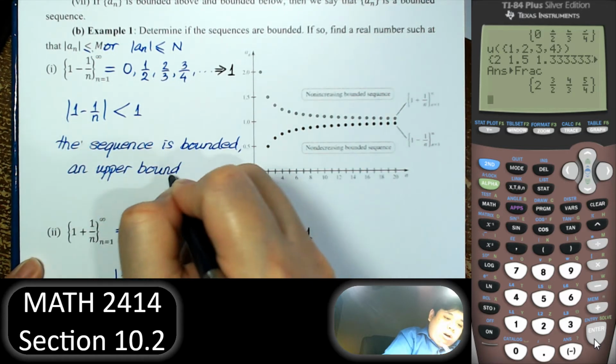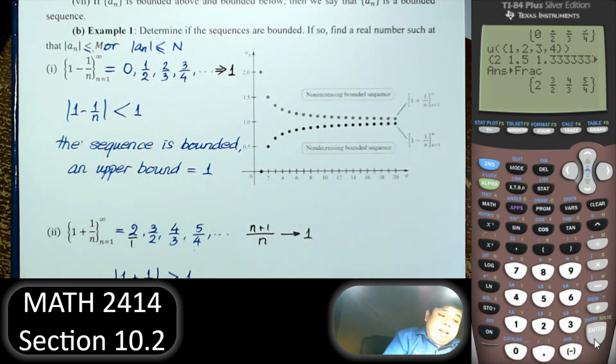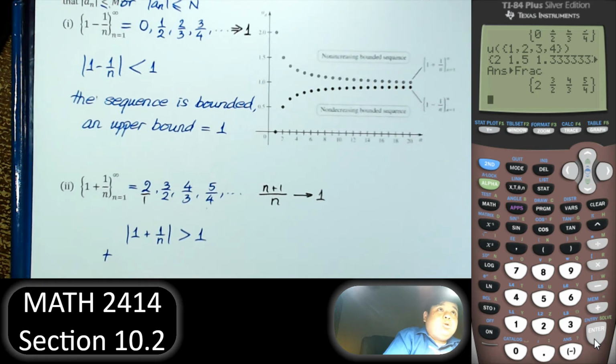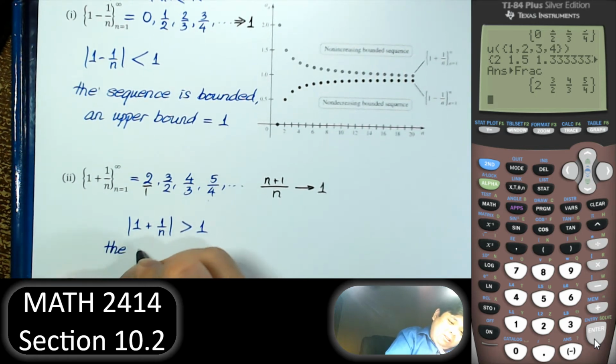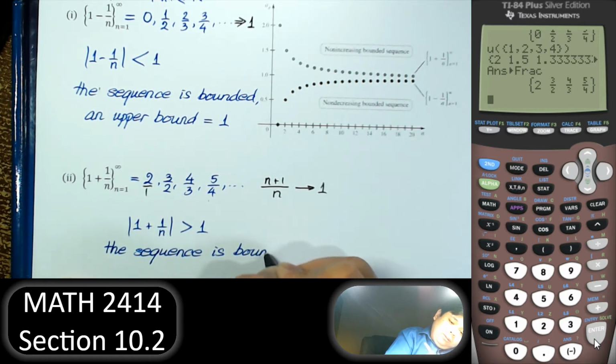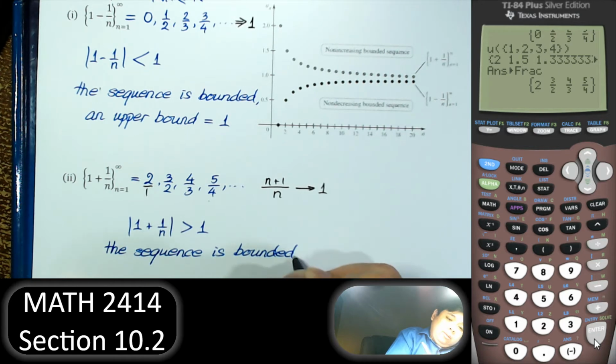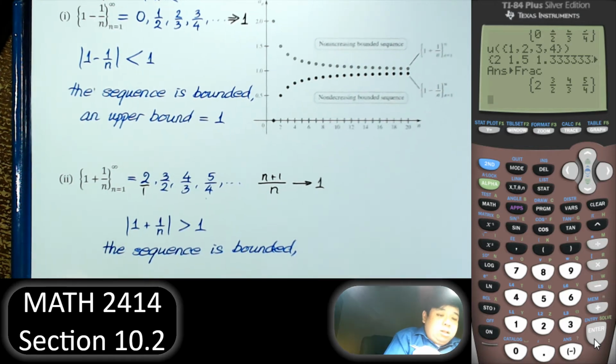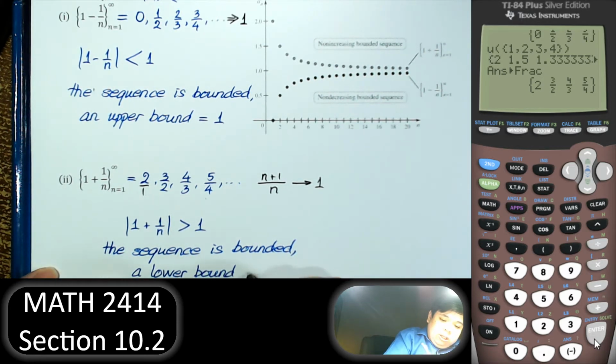There may be more than 1. And same thing here, the sequence is also bounded. But this time we have a lower bound equal to 1.